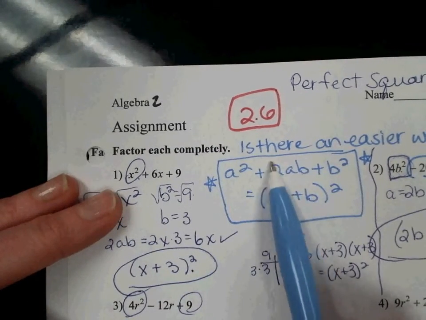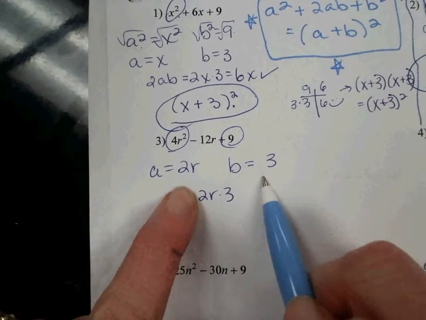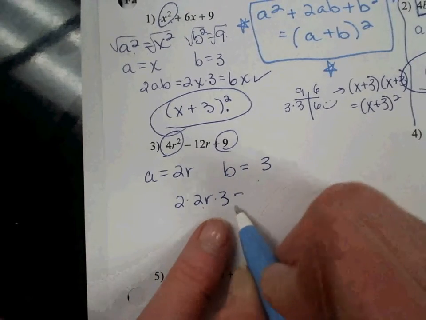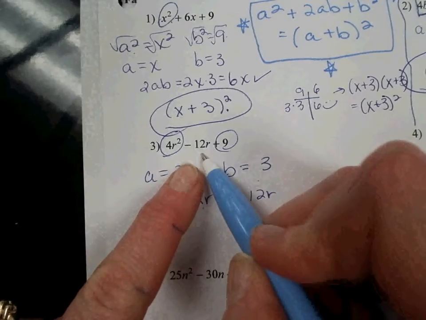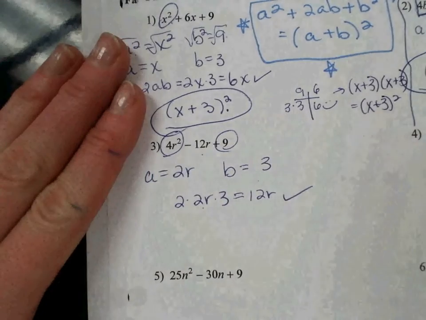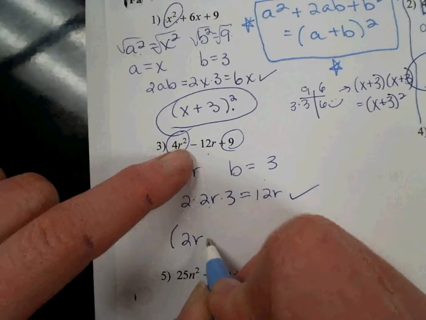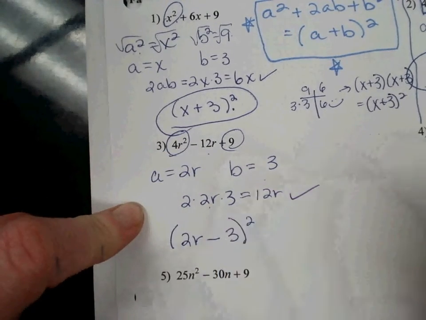Because there's a 2 here. Every time you're multiplying the a and the b times 2. So we get 2 times 2 is 4 times 3 is 12. 12r. Yep, check. It works. So I can write this as 2r minus, don't forget it's a minus, 3 quantity squared.